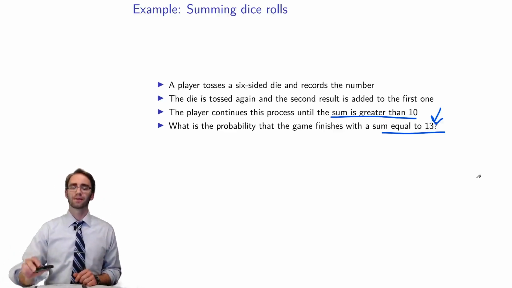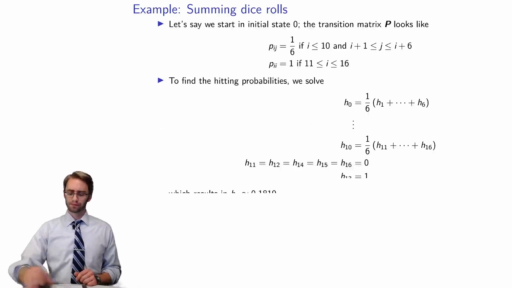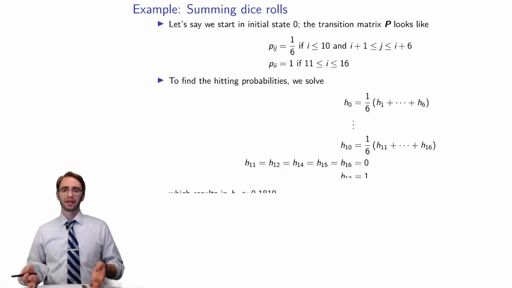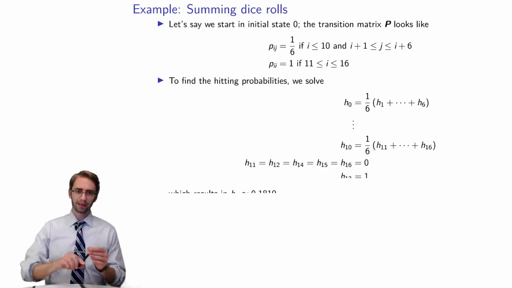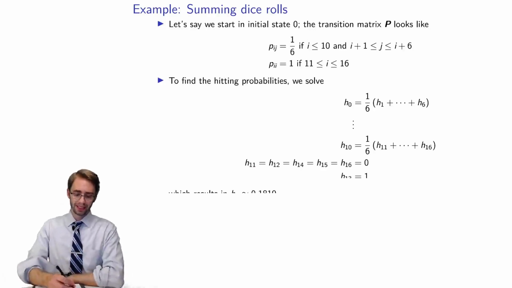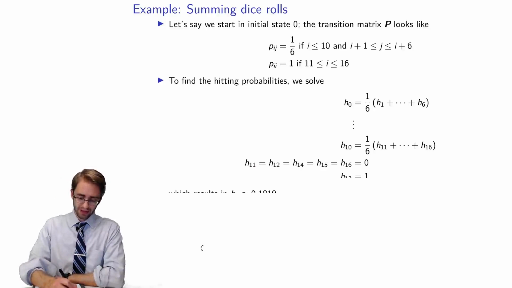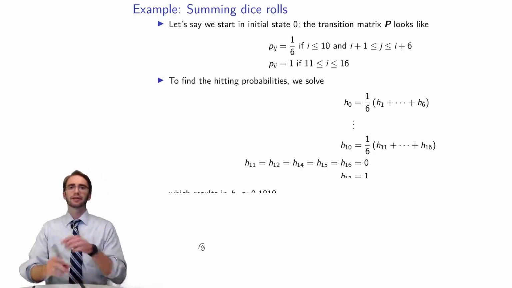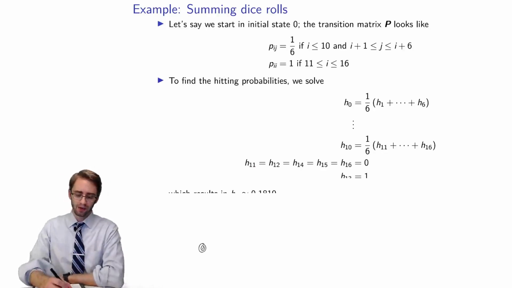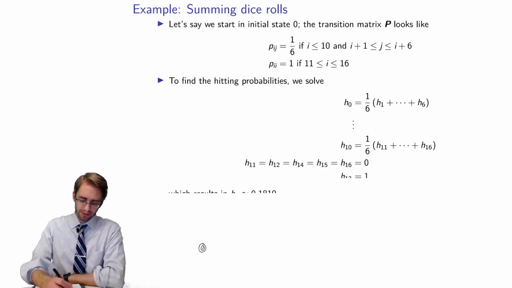Let's draw the picture here. So let's say we start on an initial state of 0, and I'll just try drawing this chain as nicely as I can. So you start in state 0, and let's look at all the states that you could land in. From state 0, you could roll a 1, or a 2, or a 3, or a 4, or a 5, or a 6.